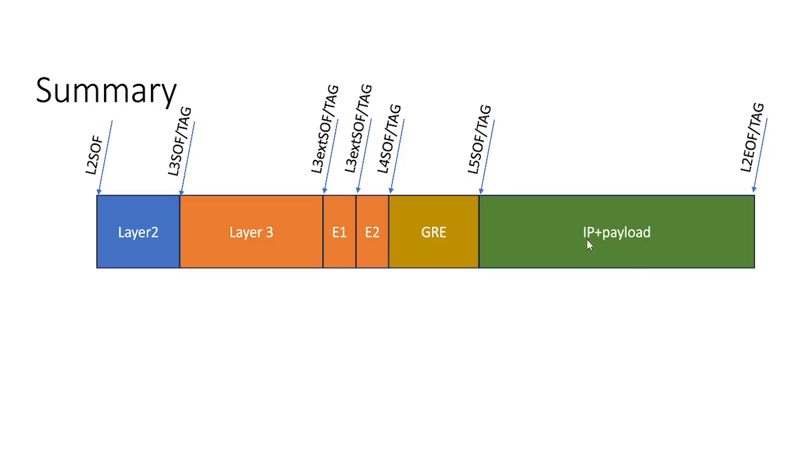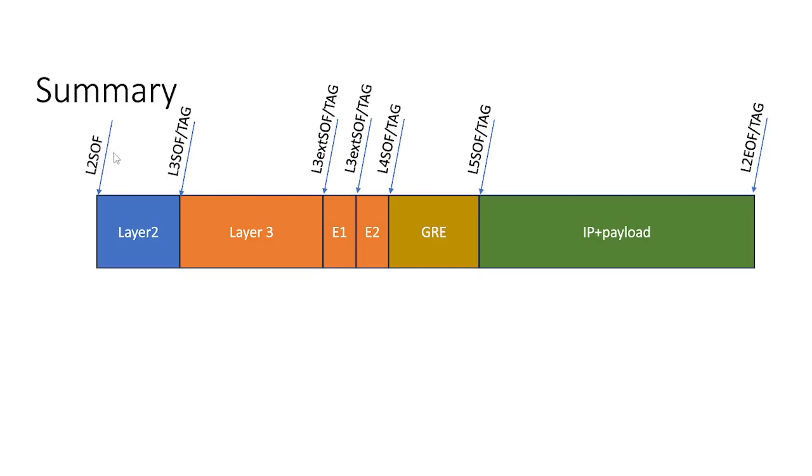In this case, we are assuming it's an IP layer, and so we will extract the IP and payload and attach it to the layer 2 outside, and we'll delete everything here. Layer 3 will get deleted, and this GRE will get deleted. By the end of the episodes, we expect to achieve where all this layer 3 and GRE is removed, and this inner stuff is attached to the layer 2, and that'll be the next packet. So this is also known as detunneling or decapsulation of the GRE. That's what we are showing.